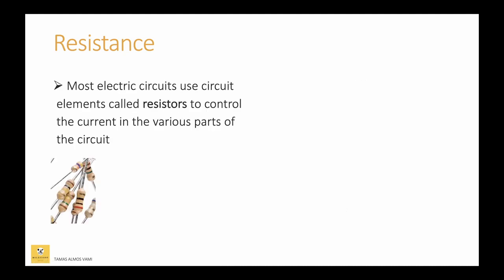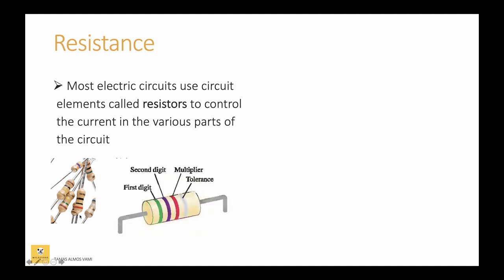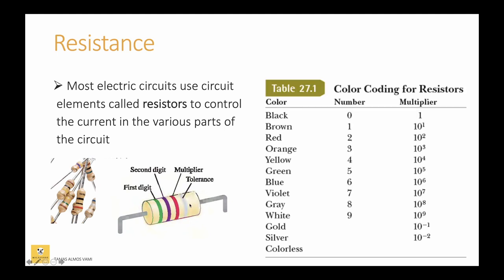So just a little bit of real life again. Most of the electric circuits use resistors. They control the current. They look something like this, and the colors of these bands are very important to figure out what is the resistance of that resistor. So you have the first three colors: the first digit, the second digit, and then a multiplier, 10 to the power of something, and there is a tolerance. And here are the color codes.